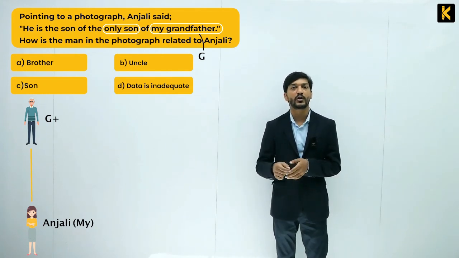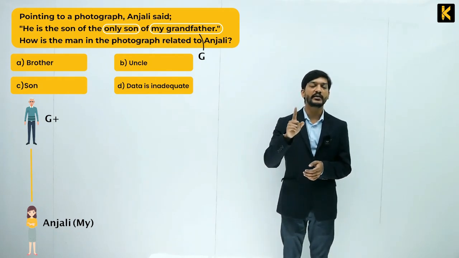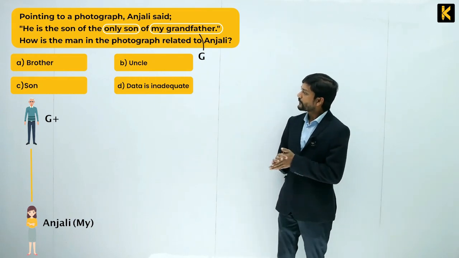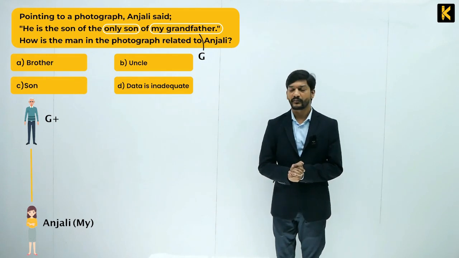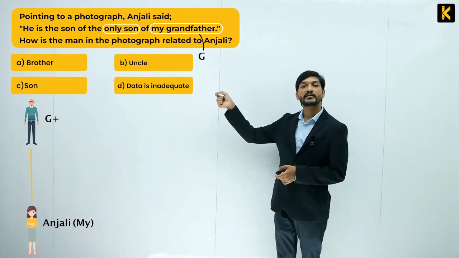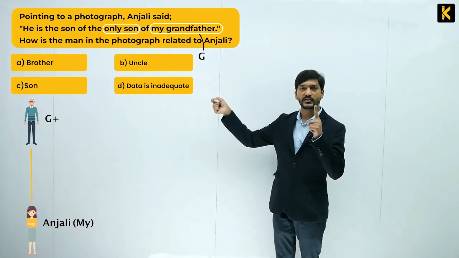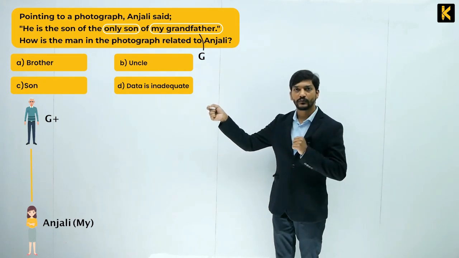Only son. Only means there is only one son of that person. So in the diagram I can clearly see where G is. So this G person has one son, only one son, and that I have to show.